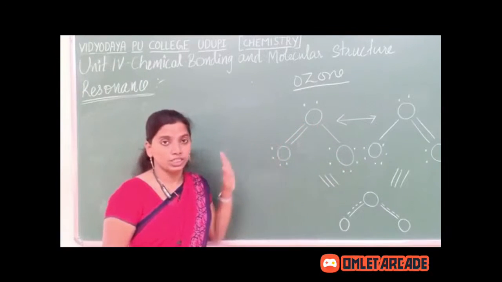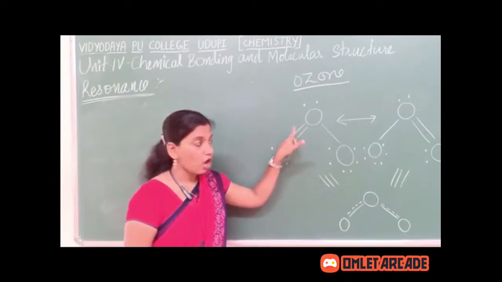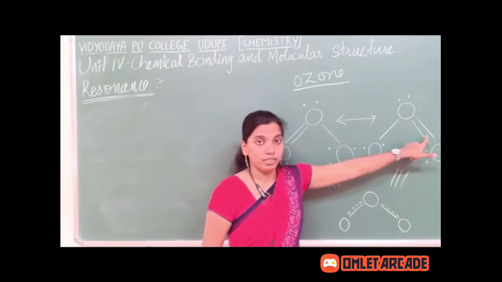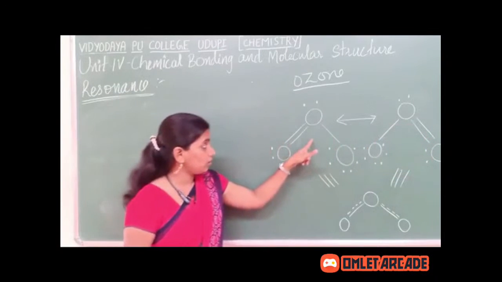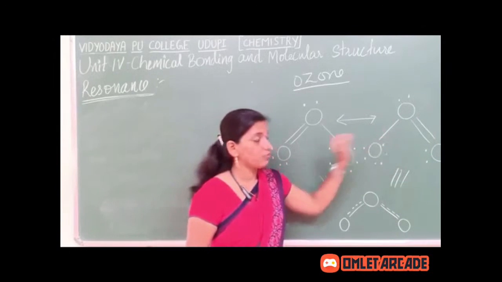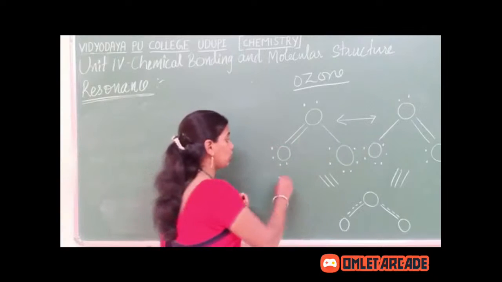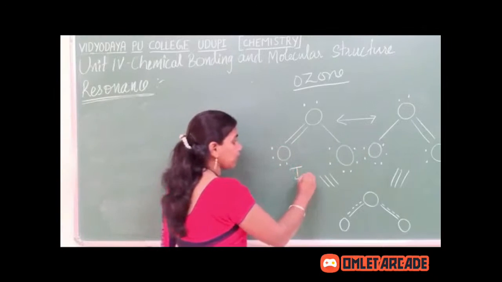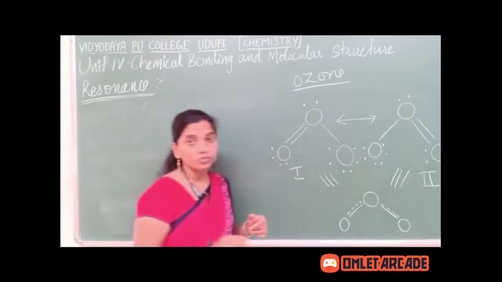While writing this structure, I said this double bond can be here or it can be the other way. So there are two different structures for ozone. Let us name them structure 1 and structure 2.